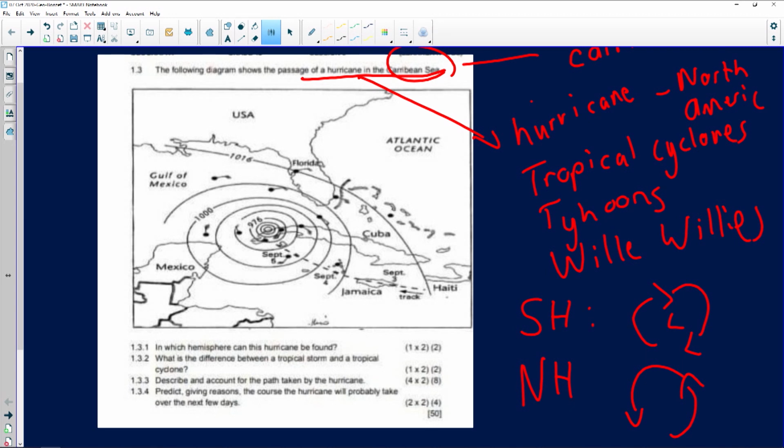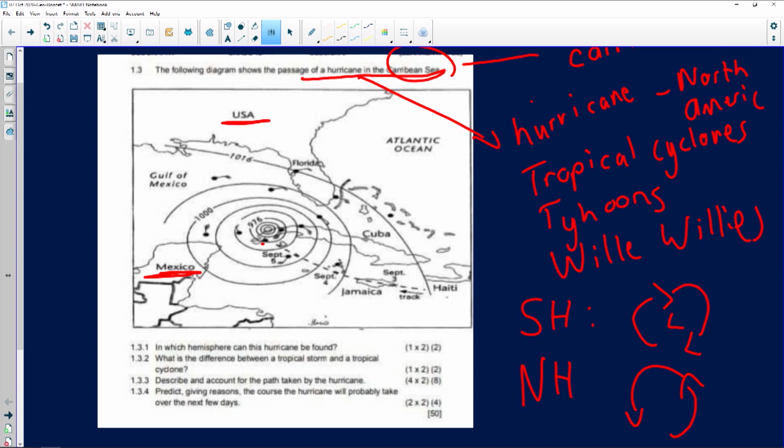Now, there's a couple of tips, pointers that can help you out. They've mentioned Mexico. You can see the United States of America. So immediately, if you think of the United States of America and Mexico, it's in the northern hemisphere. There's a country known as Cuba, and there's Jamaica. Now, right there with the perfectly round shaped isobars, immediately we can identify it as a tropical cyclone or a hurricane.